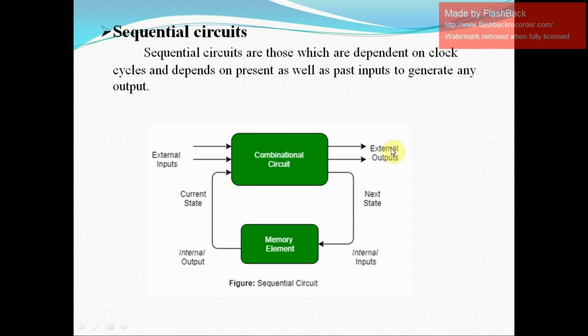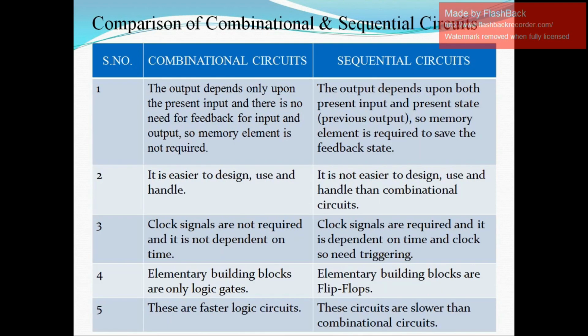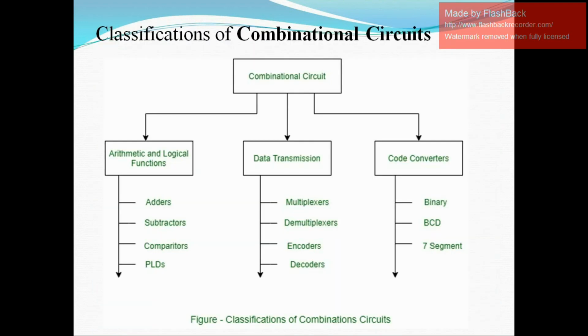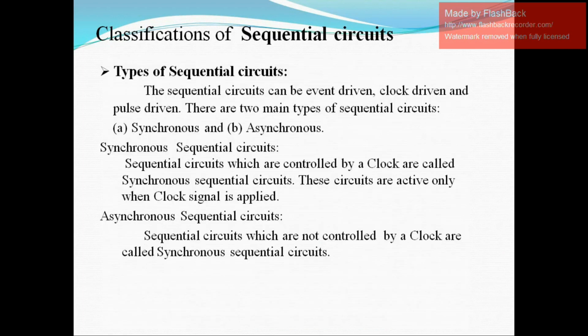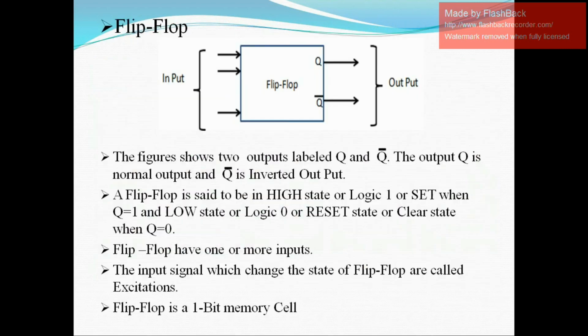Examples of sequential circuits we will see in upcoming videos, like flip-flops, shift registers, and counters, which again have different types. Next, the comparison of combinational and sequential circuits. Then classification of combinational circuits, and classification of sequential circuits into synchronous and asynchronous, which are clock driven and not clock driven. Then comparison points.